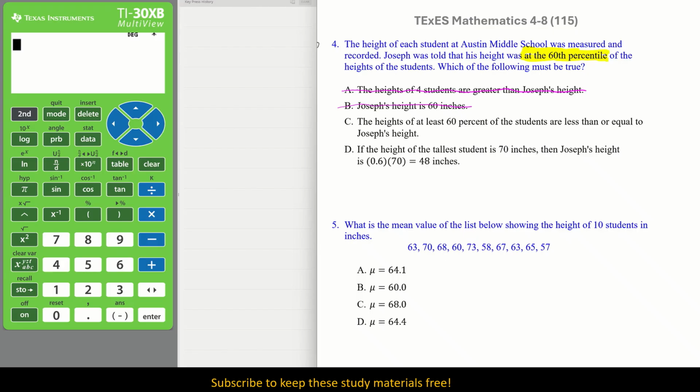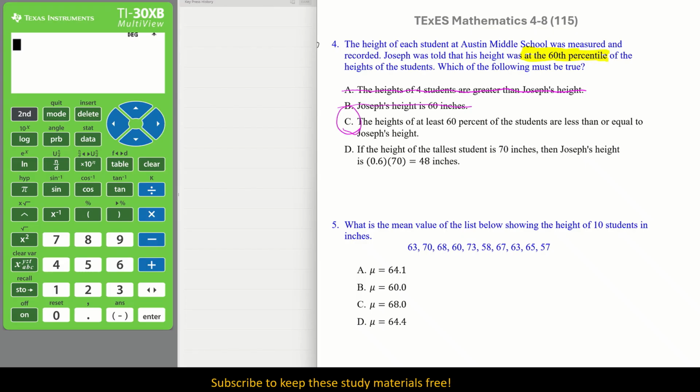That's what it means. His place in the line, all of these students in order, would be 60%. All of those would be less than or equal to 60% of all of the students. So I agree with this.